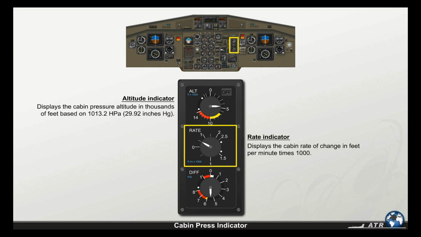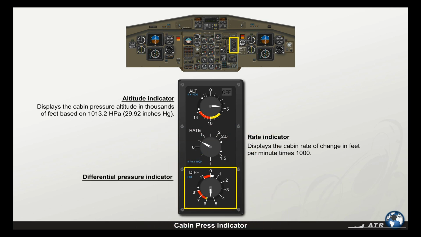The rate indicator displays the cabin rate of change in feet per minute times 1,000. The differential pressure indicator displays the differential pressure between the cabin pressure and aircraft static pressure from -1 to +8 psi.